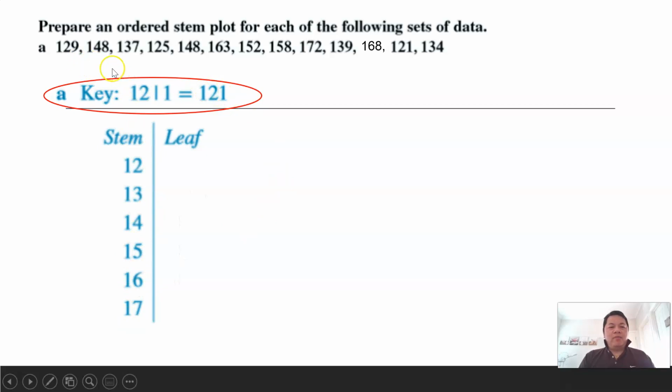So I'm going to put them one at a time again. So the first one is 129.